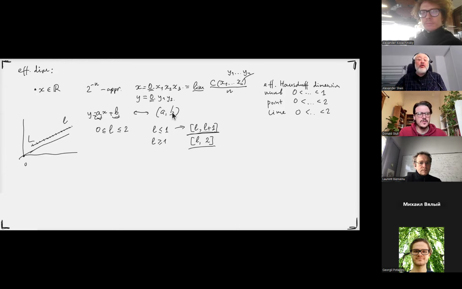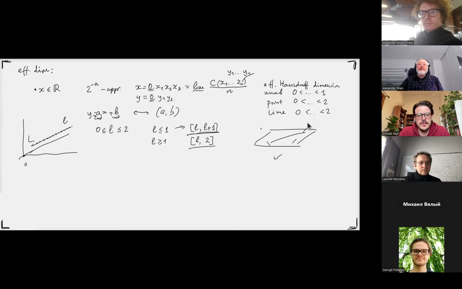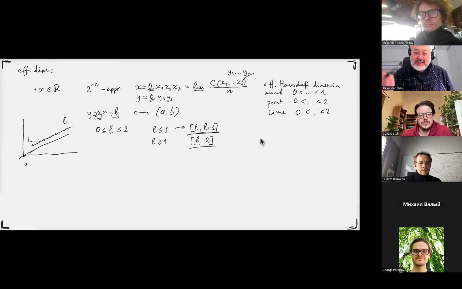It's like in projective geometry, where lines are two-dimensional subspaces and points are one-dimensional subspaces, and there is a one-to-one correspondence between them. We can take the orthogonal line to a plane and the orthogonal plane to a line. But for that you don't need to worry. It's just the pair (A, B) now.